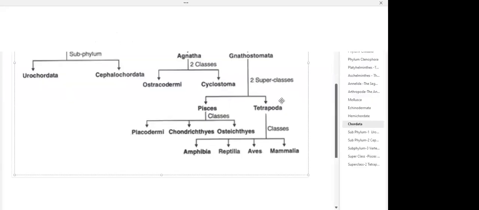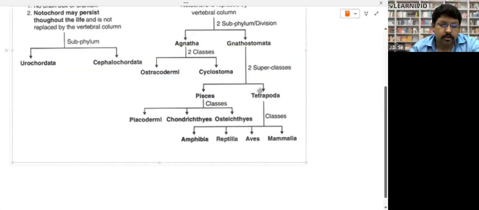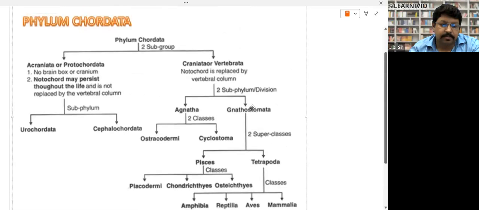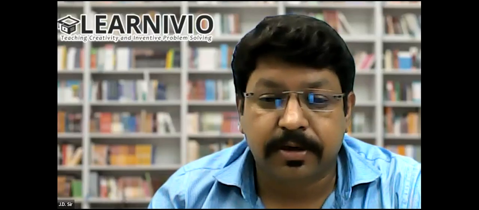Chordates, and what is Chordata exactly? So basically, Chordata is... just a minute. Let me show you a diagram which represents the complete Chordata. I think it should be there.